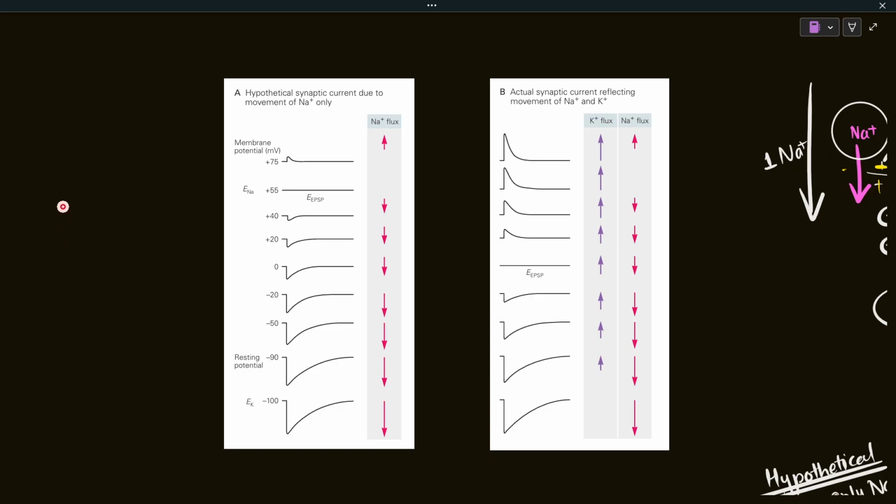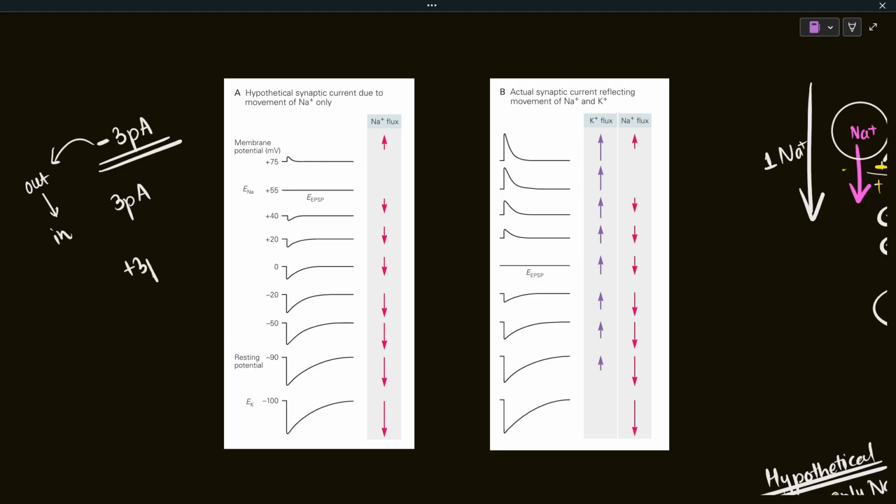So let's say the current is minus 3 picoampere. In physics this doesn't make sense, because current is a scalar quantity and you cannot assign a negative value to it. But in an electrophysiological experiment, it means the amplitude of the current is 3 picoampere, and the negative sign shows the direction: conventionally, negative means from outside towards the inside of the cell.